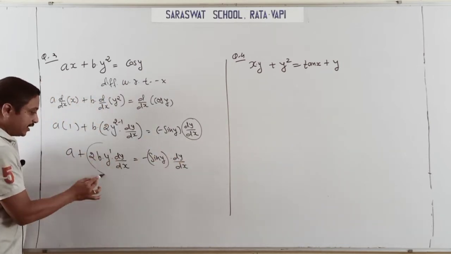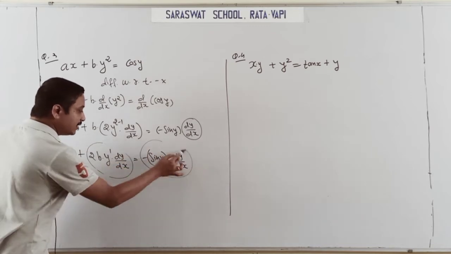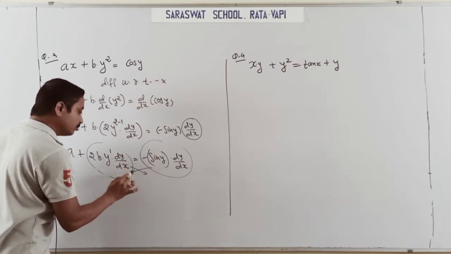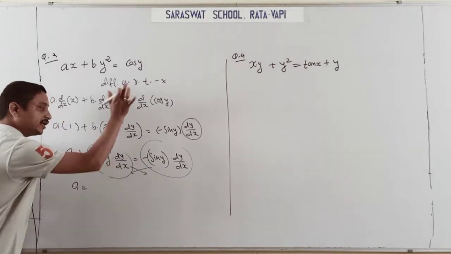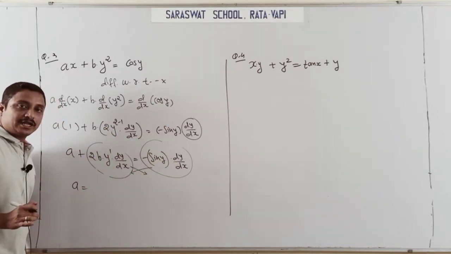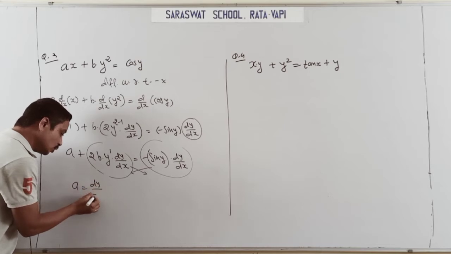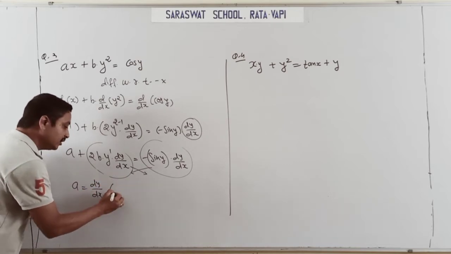Now this dy by dx and that dy by dx are both combined. So on the right side I take out the common term. After taking the common, what is remaining?